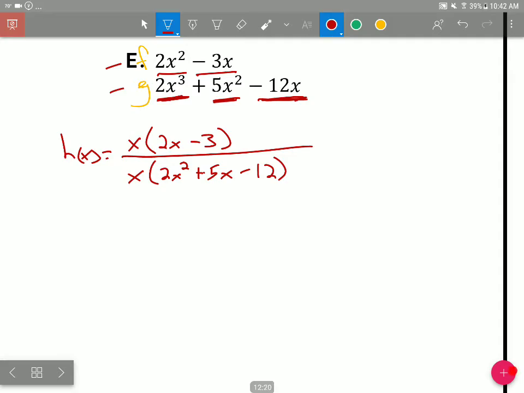All right, does the bottom one have an x squared still? Yeah, so let's go one step further. What are 2 things that multiply to 2? 2 and 1, good. What are 2 things that multiply to 12? 6 and 2, what else? 4 and 3.